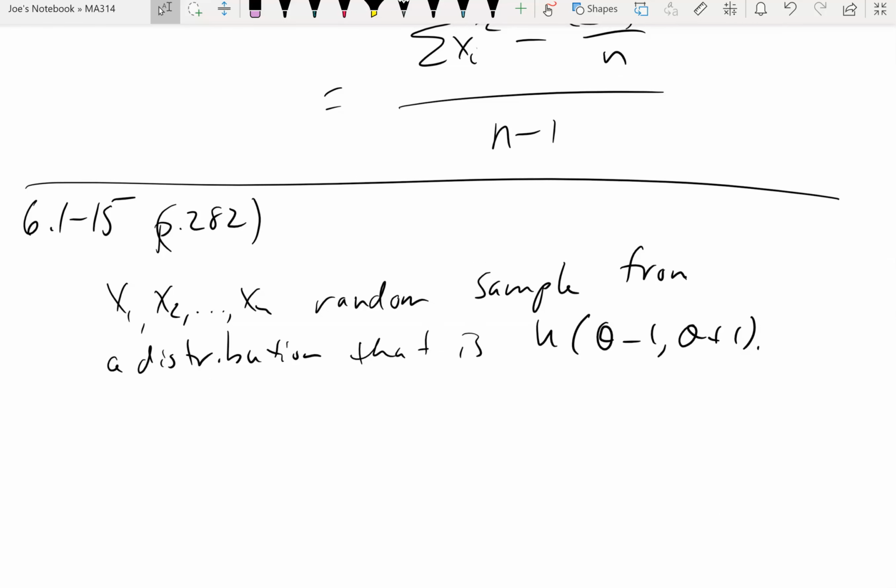So the first part says find a moment of, and that's really what I care about, and then I'll talk about part C, but it asks you to find the method of moments estimator for theta.